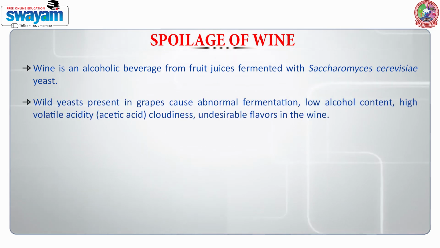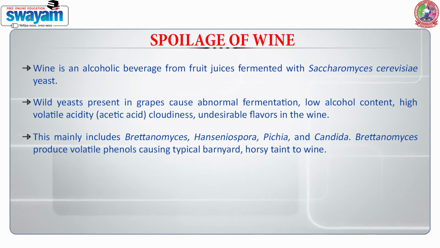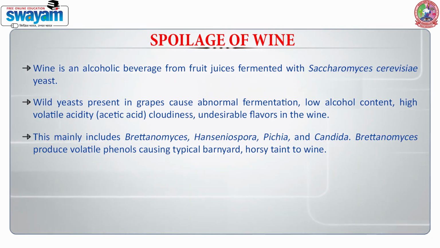Wild yeast present in the grapes causes abnormal fermentation and it yields low alcohol content, high volatile acids like acetic acid, cloudiness and undesirable flavor in the wine. This mainly includes Brettanomyces, Hanseniaspora, Pichia and Candida. These yeasts produce volatile phenols which are responsible for horsey taint to the wine.